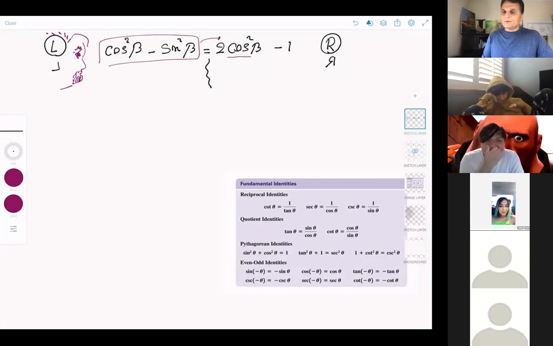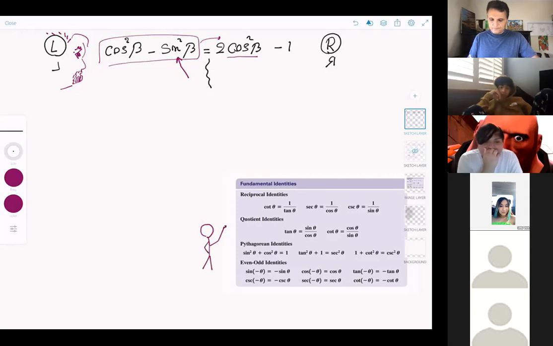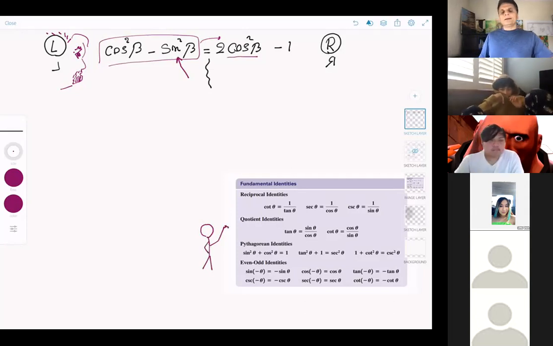We only should have cosine. That means algebraically, we need to get rid of sine. So let's look at it.